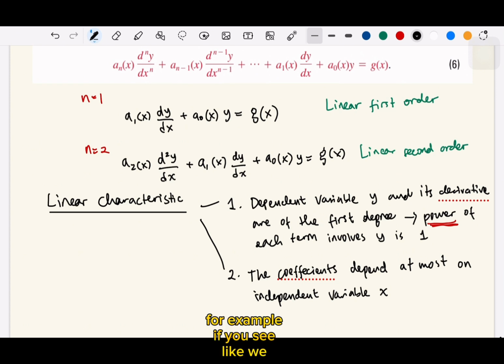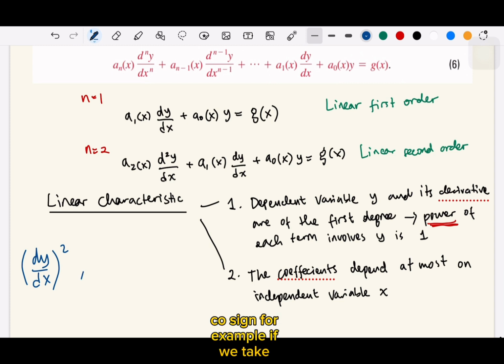For example, if you see, like, we have dy dx, we know that this is the first order, but if we take it squared like that, it's first order but non-linear. Or we have a function that is already non-linear, for example, a trigonometric function, like sine, cosine.